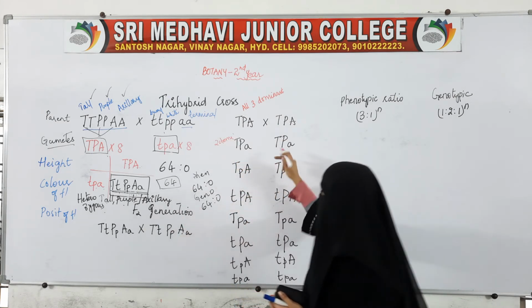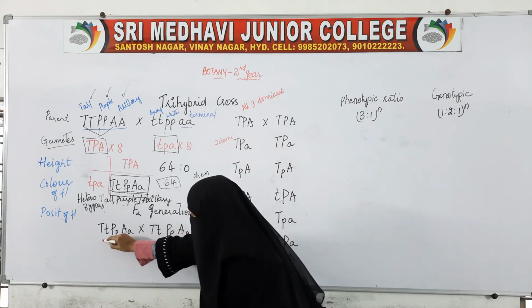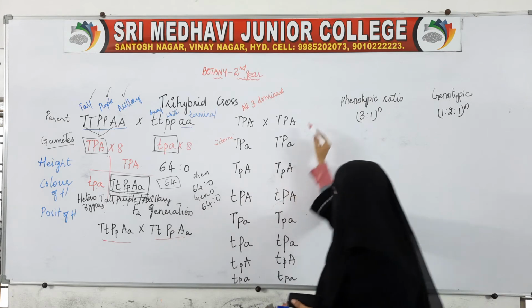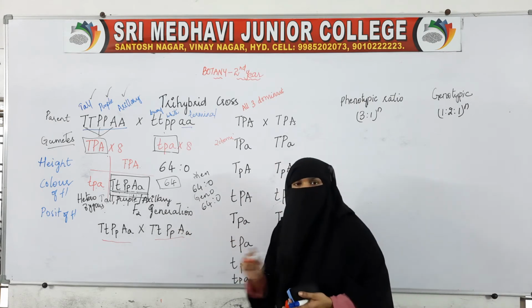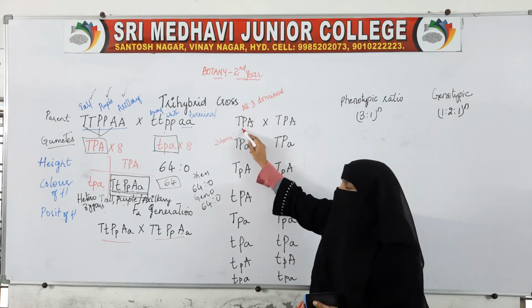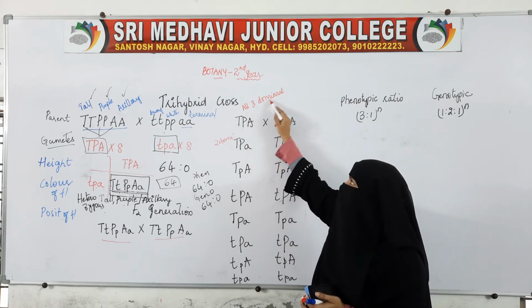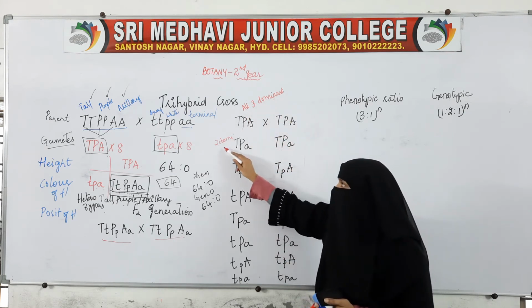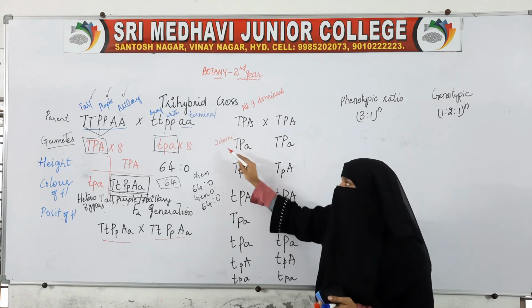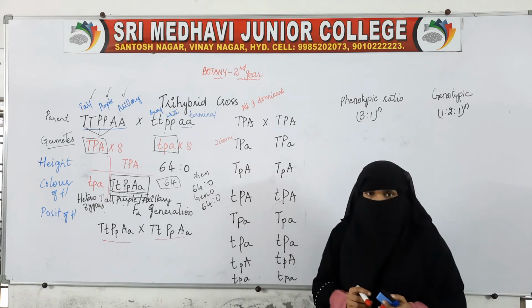These gametes will form, because both of them are the same, these gametes will be formed. So in the first type of gamete, all three are dominant. In the second type of gamete, that is capital T, capital P and small a, two are dominant, one is recessive.